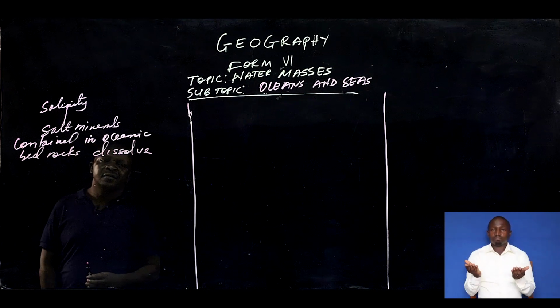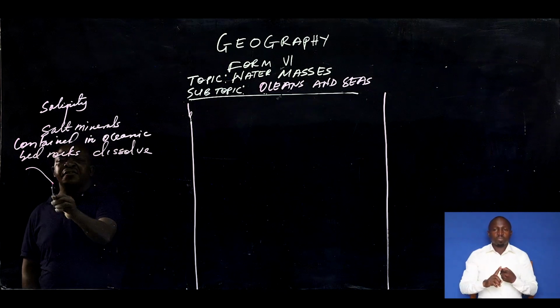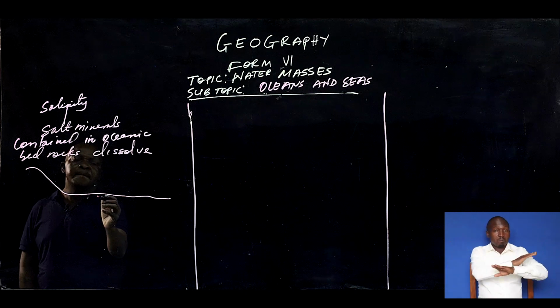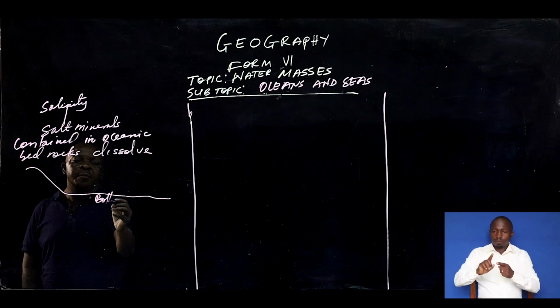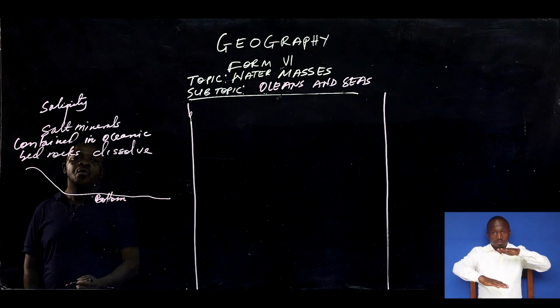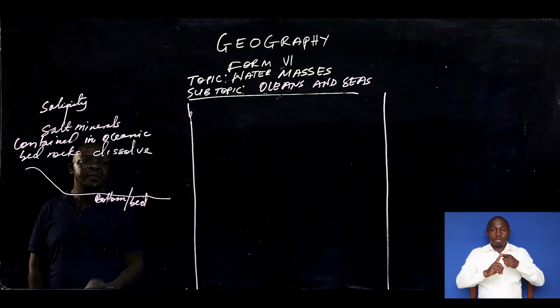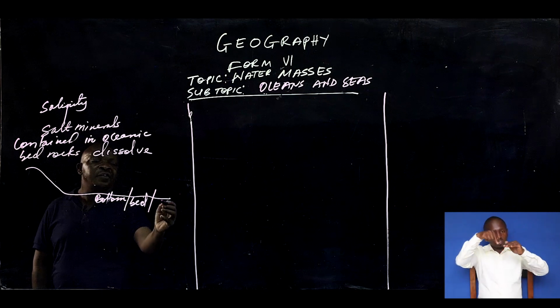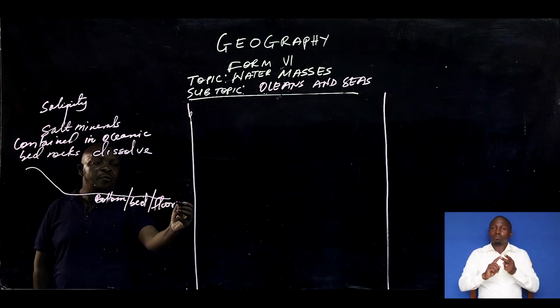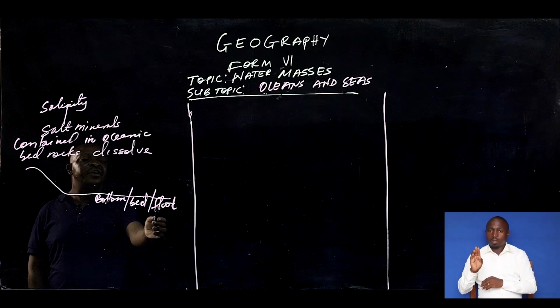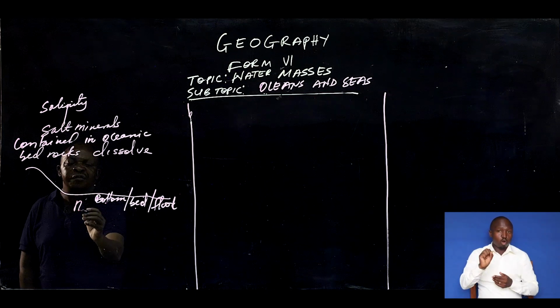It means the oceanic basin has a considerable bottom, which is also known as the oceanic bed. Also, we used to call it the oceanic floor. Oceanic bottom, oceanic bed, or oceanic floor is of rocks.